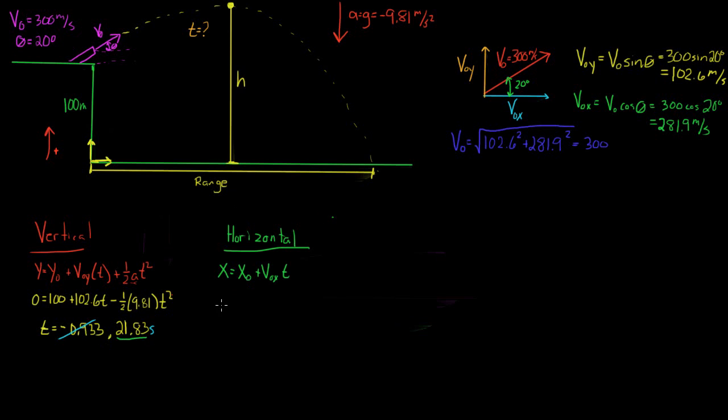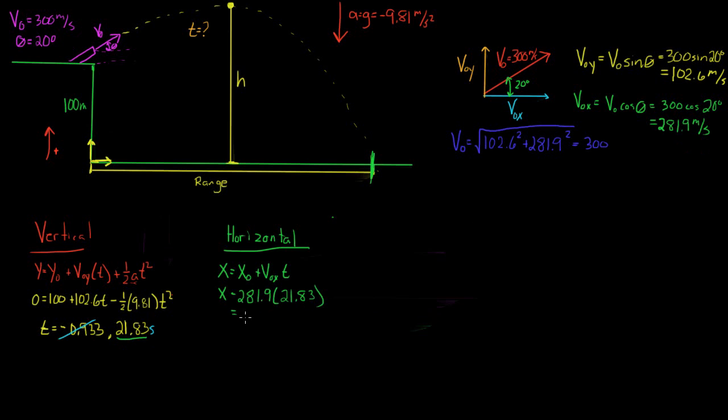So this final x position, which is our range, is going to be equal to our initial x, which is 0, plus our initial velocity in the x direction, which is 281.9, times this time, which is 21.83.